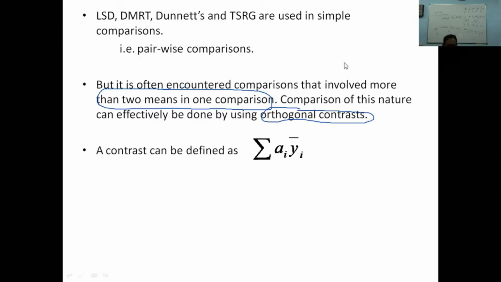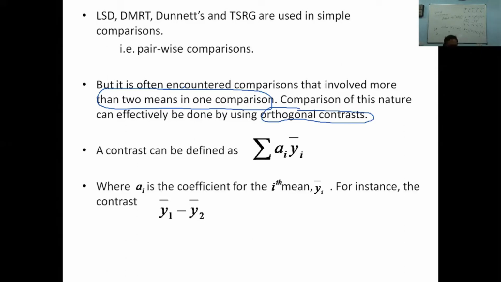The contrast can be defined as summation of ai yi bar. I will explain that, right? Where ai is the coefficient of the ith mean, which is given as yi bar.